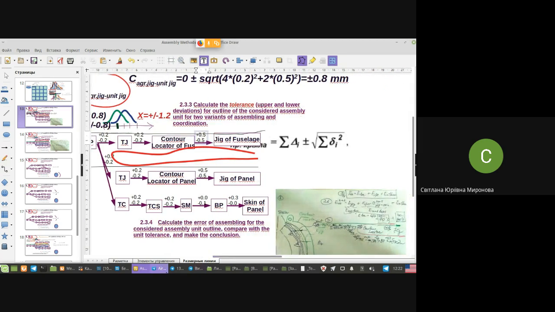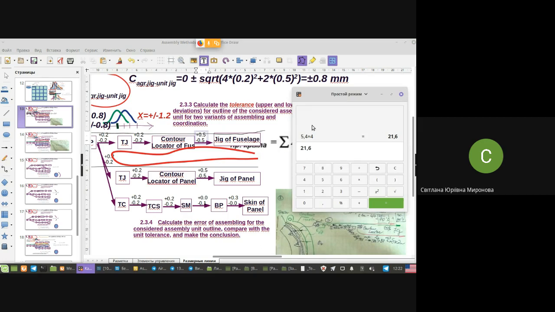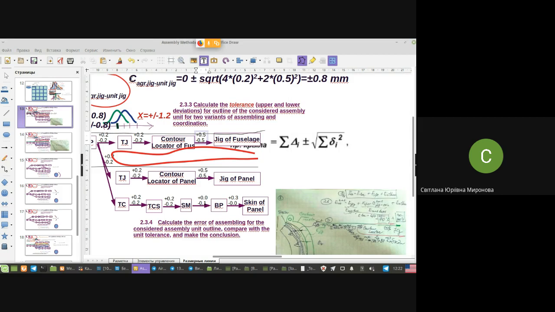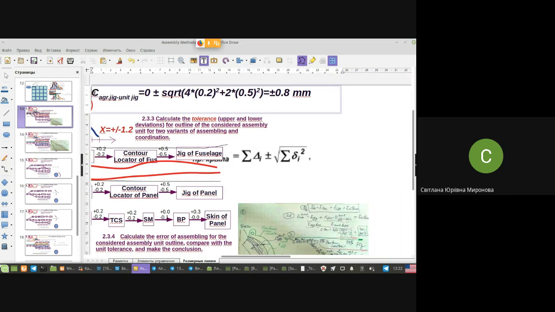And let's try to calculate the error of coordination, at least for the purpose of record. What about middles? Pay attention to this red curve which shows something like a loop, like the letter C, because we're calculating the error of coordination. You see it's designated like C, aggregate of jig, aggregate of unit.